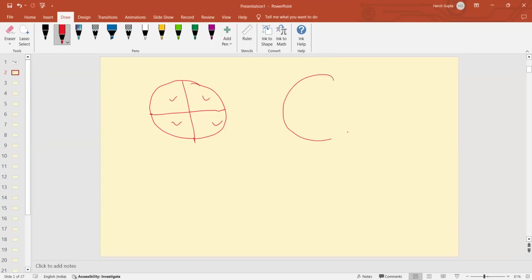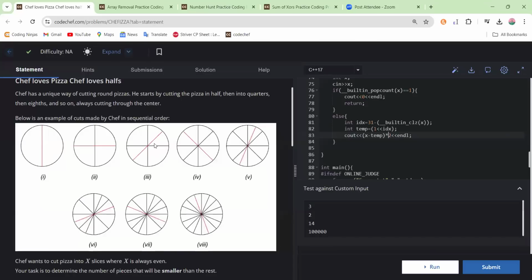Now he makes one more cut. And now he has these 2 bigger parts and these 4 smaller parts. The next cut that he makes is cutting the bigger parts and not the smaller parts.